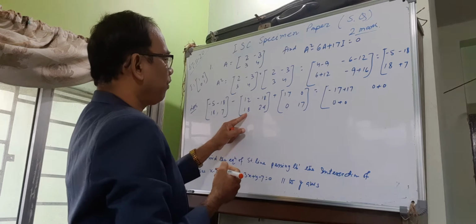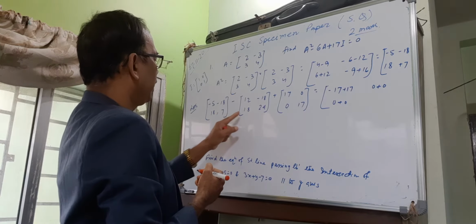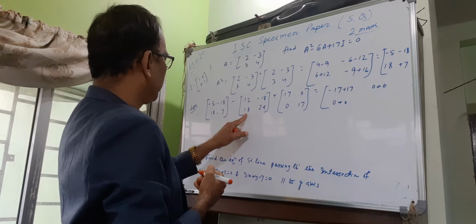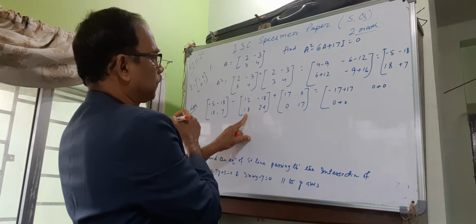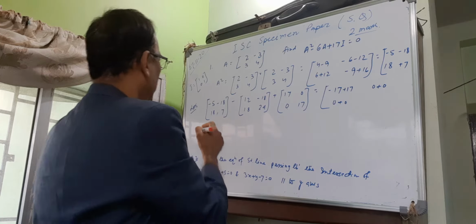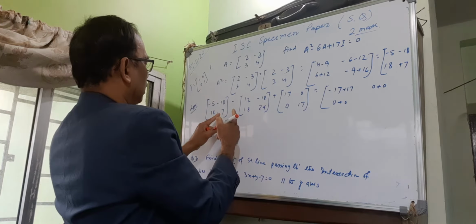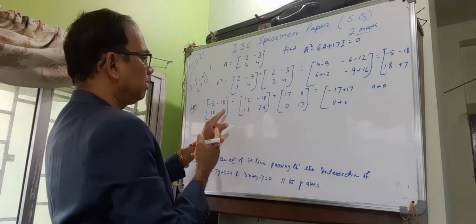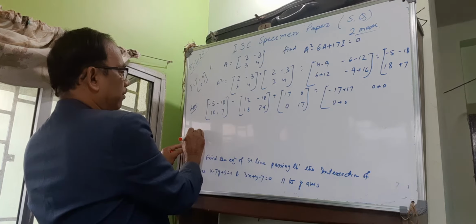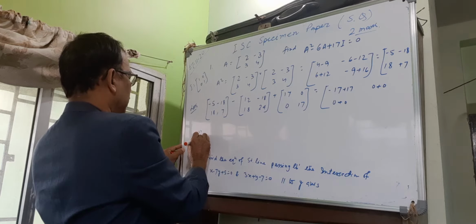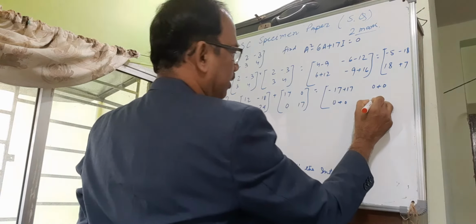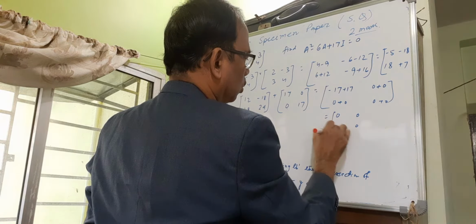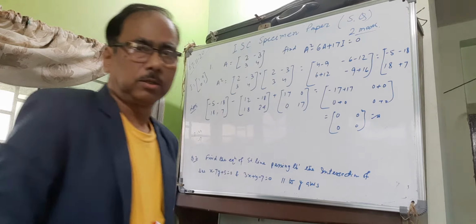Then 7 minus 24 is minus 17, plus 17, that is 0, plus 0. That is 0, 0, 0, 0. The answer is coming 0.